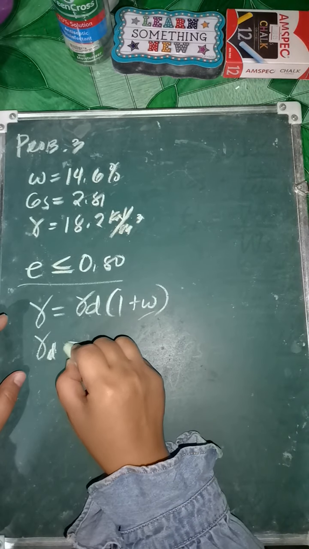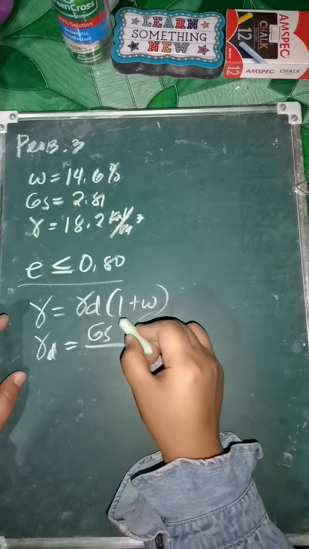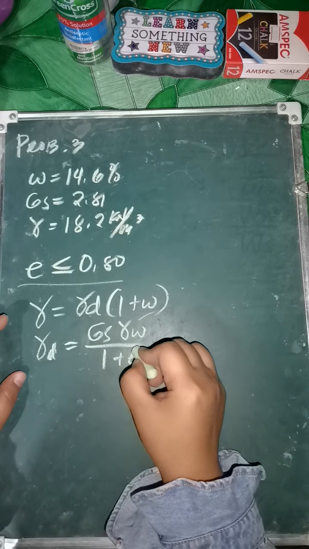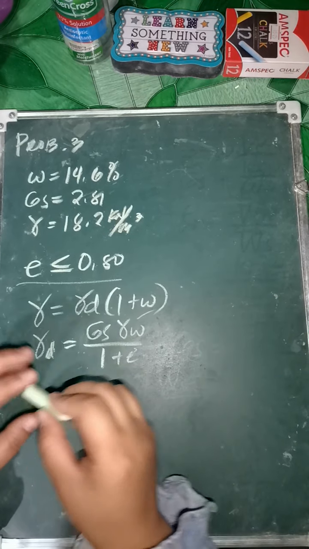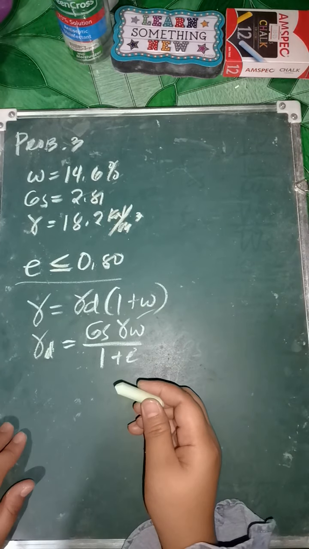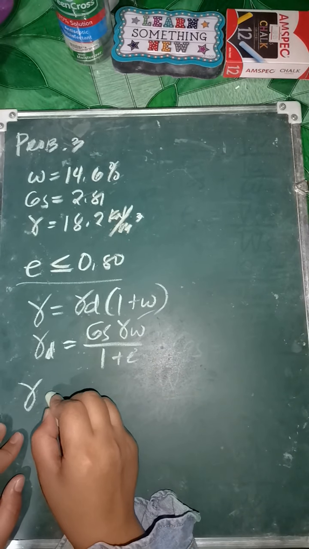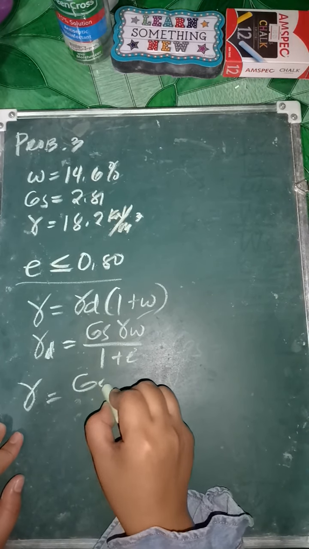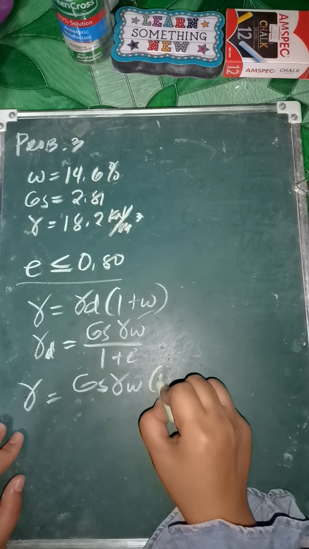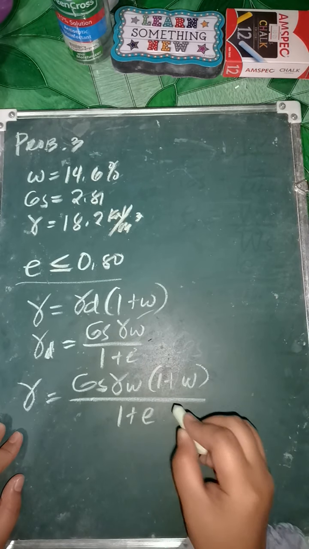But for the unit weight dry, we have the equation that is the specific gravity Gs times the unit weight of the water over 1 plus E. So we can relate this equation with this one. So the unit weight of the soil becomes specific gravity times the unit weight of the water times 1 plus the moisture content over 1 plus E.